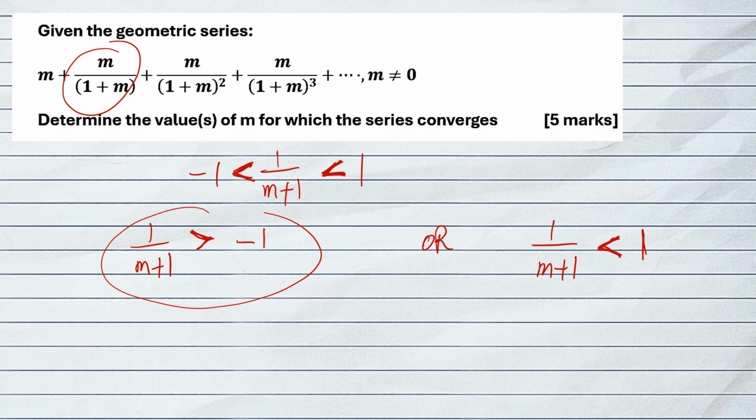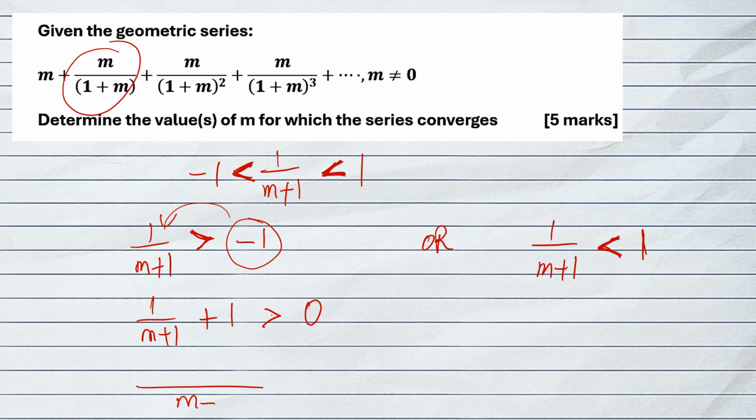Let's start with this part: the values of 1 over m plus 1 that will always be greater than minus 1. The first thing here, we take minus 1 to the other side, so we have 1 over m plus 1 plus 1 greater than 0, because it changes the sign to positive. Lowest common denominator, m plus 1, then multiply every term by m plus 1.